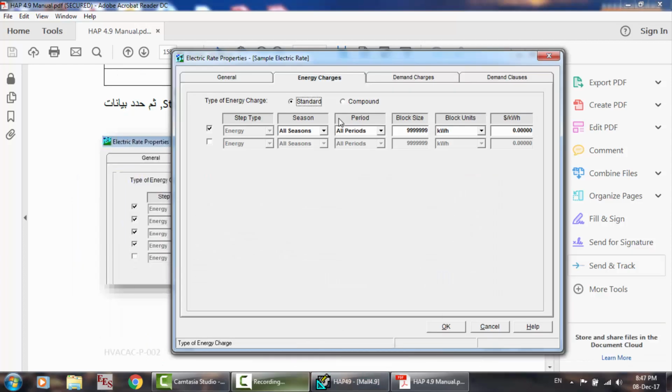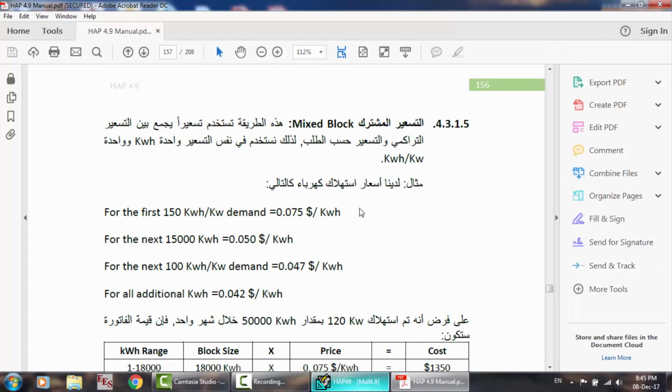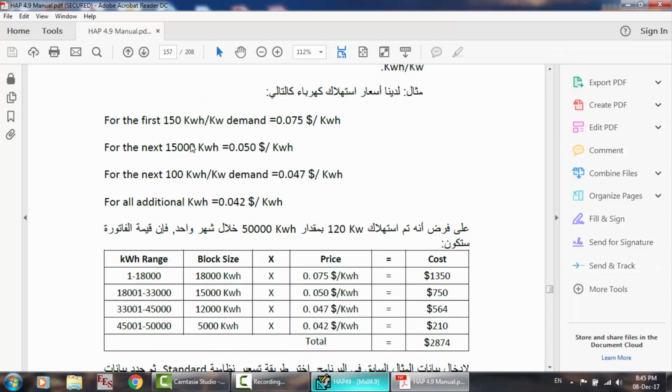So now what if we have a standard, but sometimes we have kilowatt hour and sometimes kilowatt hour per kilowatt?